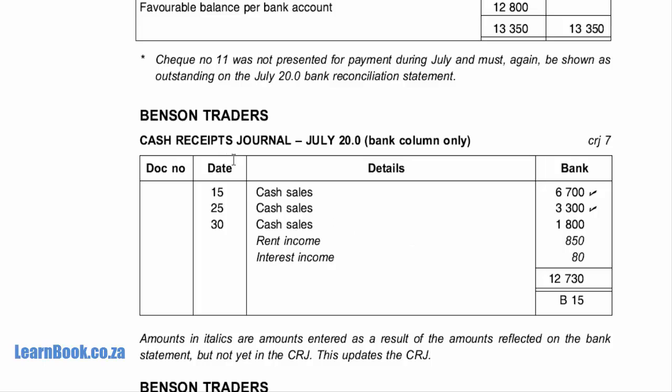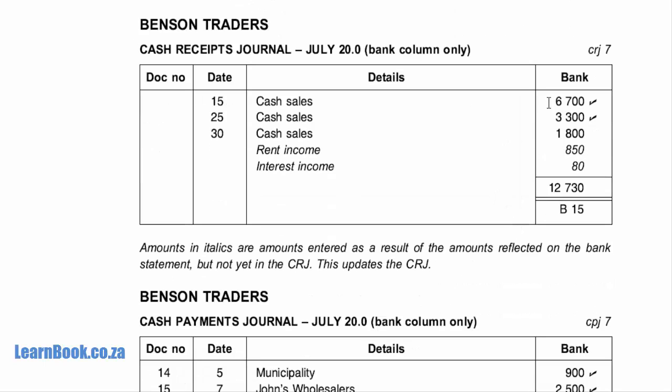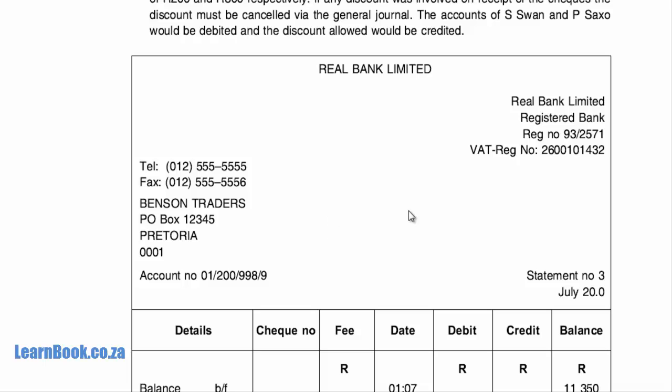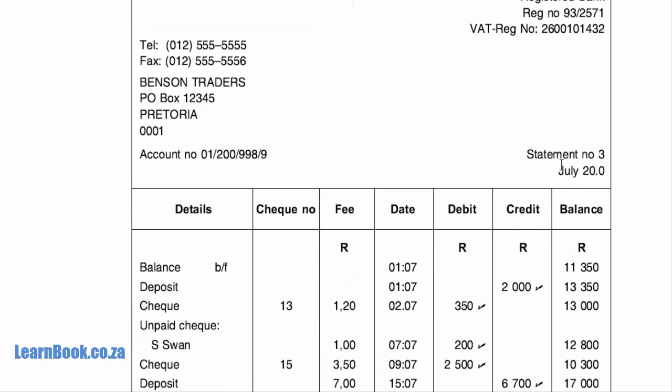Let's look at the cash receipts journal for July 2000. This is the bank column only. Here we see that there are 3 transactions for July in the CRJ, and you have to ignore the italics, which is 850 and 80, because these are the entered amounts after we have ticked the corresponding cash receipts journal with the bank account, bank statement of July.